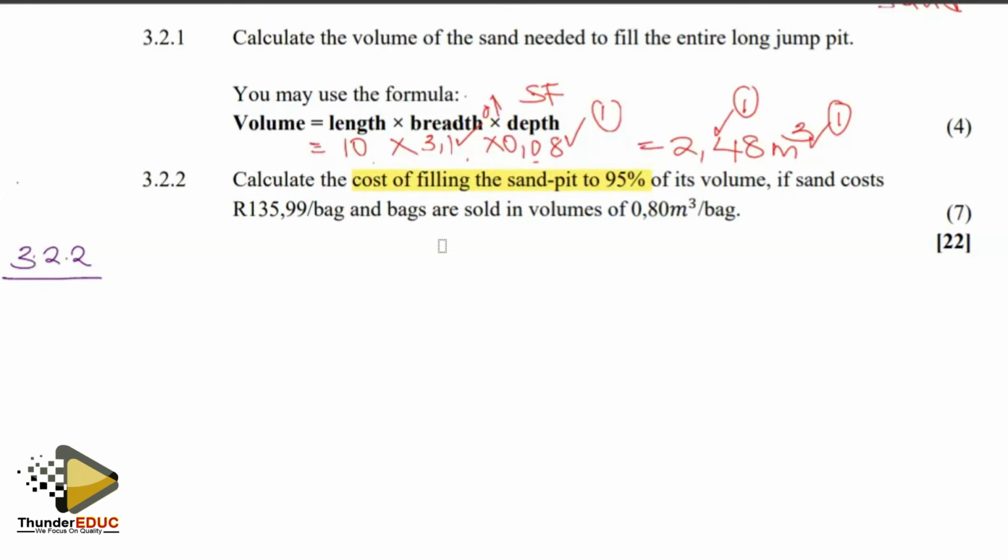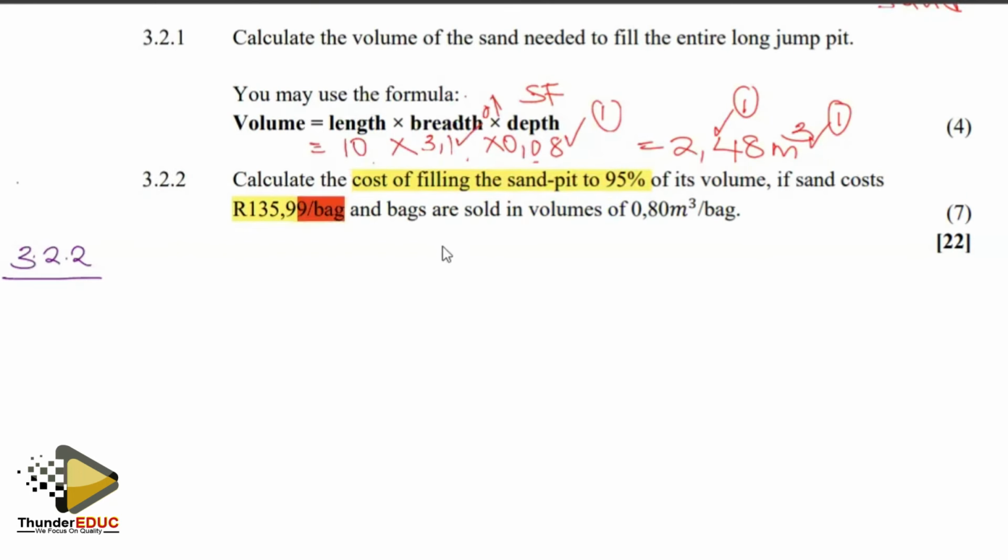And remember the cost of filling up the sand. We are not going to buy the sand in volumes, but we are going to buy it in bags. This is an indication here, and it says per bag.